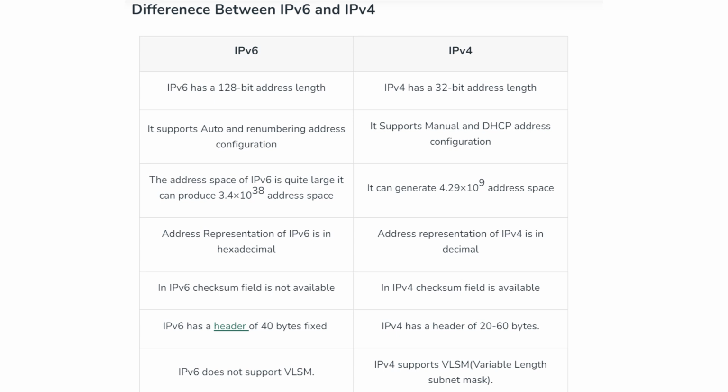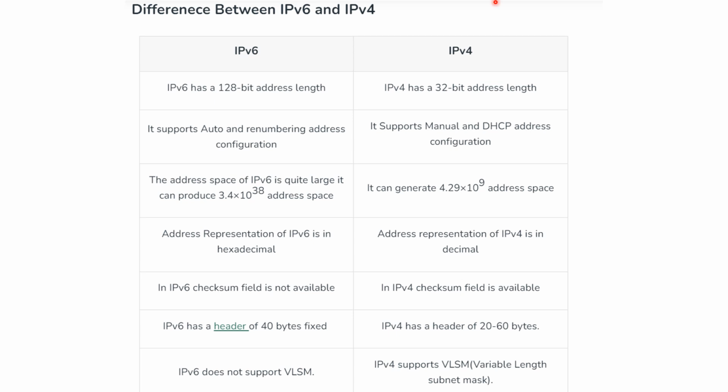IPv6 is 128 bits, that is 16 bytes. It's all due to the lack of IP addresses.